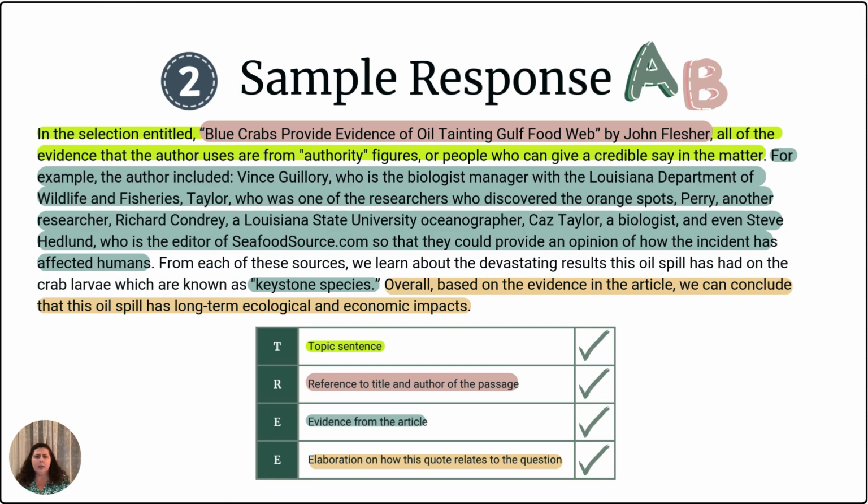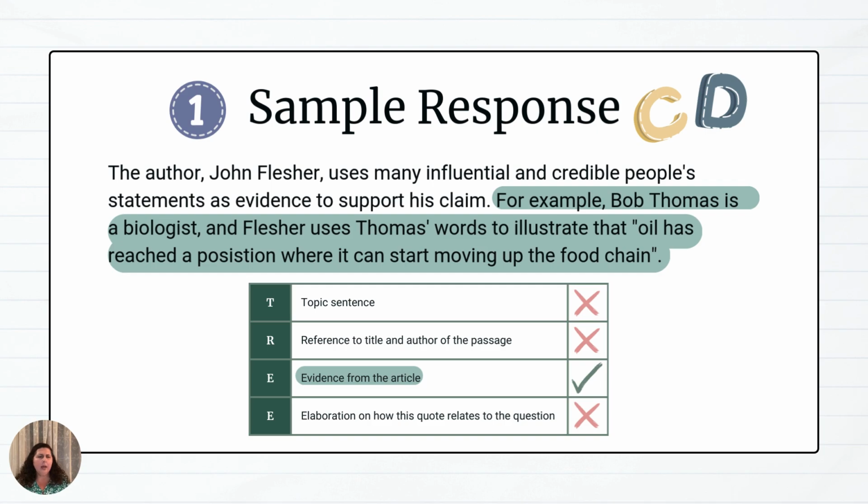Then in your topic sentence, notice the difference between this topic sentence that includes the title and the author, and see what it says after the author's name. All of the evidence that the author uses are from authority figures or people who can give a credible say in the matter. Now compare that to the one. The author, John Flesher, uses many influential and credible people's statements as evidence to support his claim.